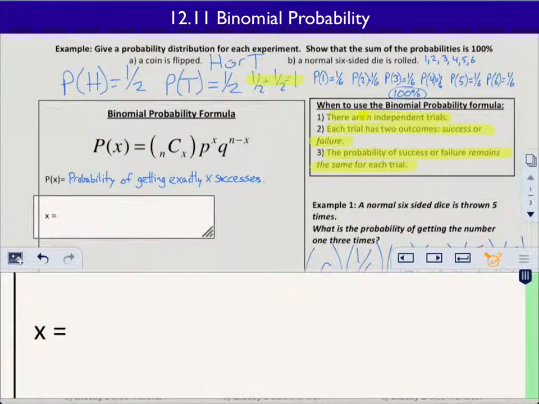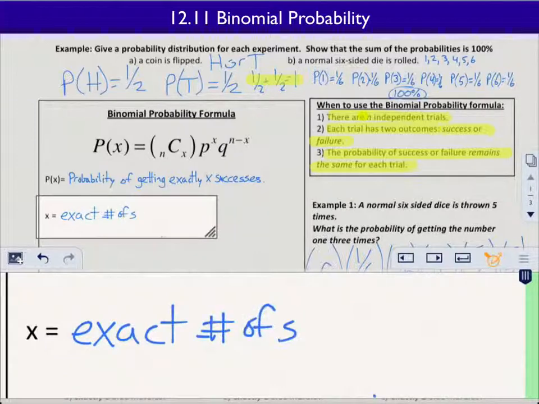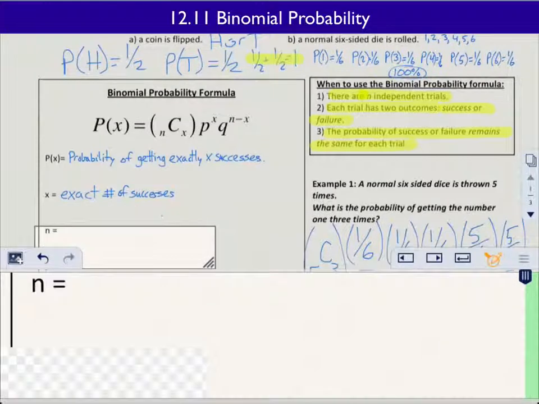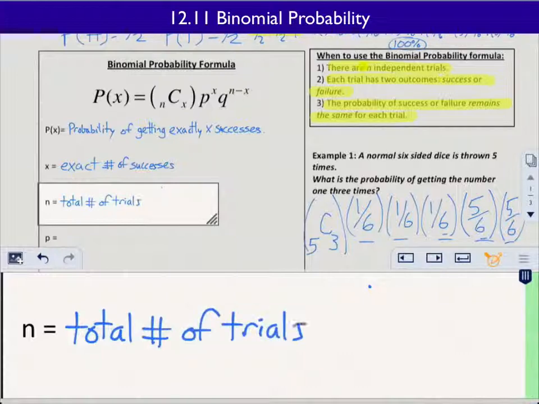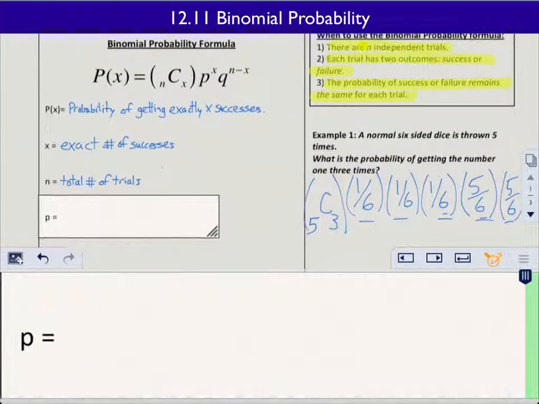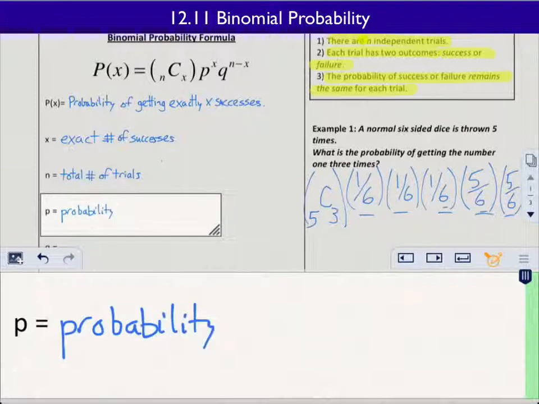Alright, x right here is the exact number of successes. n is the total number of trials. p is the probability of success on one trial.